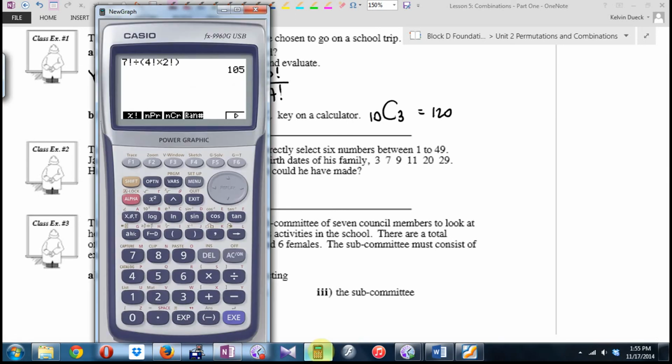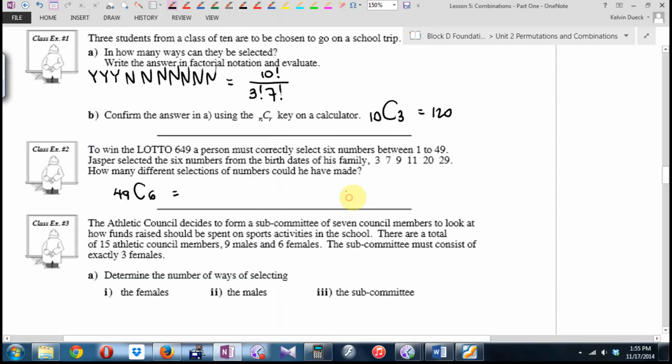This one's going to be big. 13,983,816. Of those, how many are the right one? Chance of winning, 1 in 14 million. If you're wondering where it comes from, there it is. It's 13,980,000, but it's just below 14 million. Chance of winning the grand prize is about 1 in 14 million.